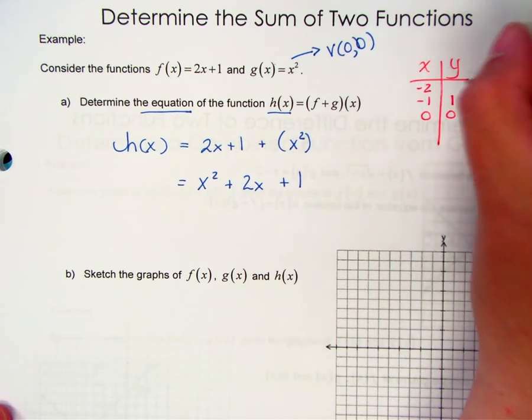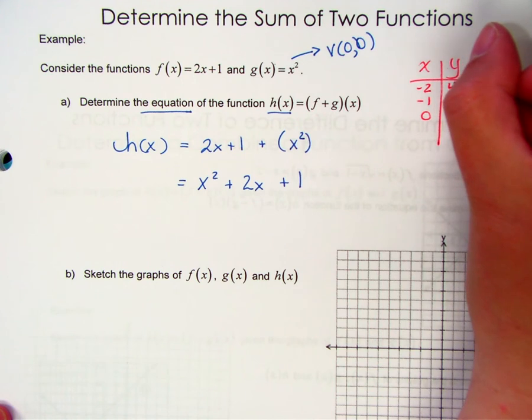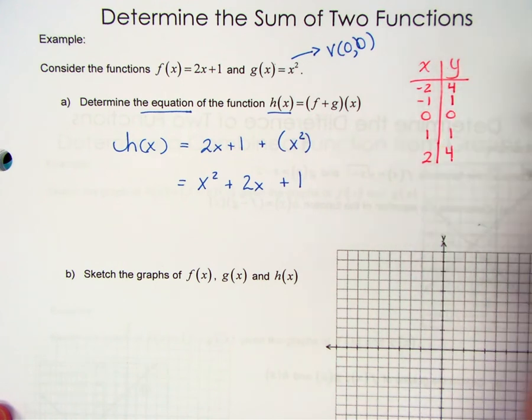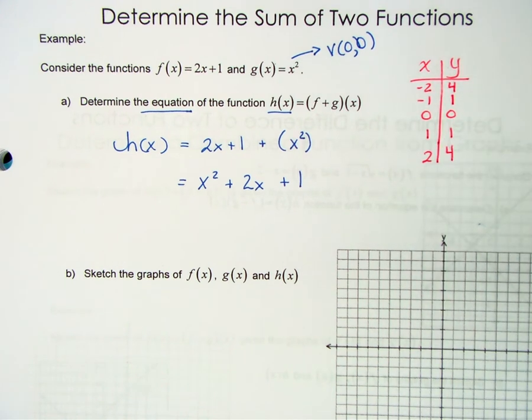If I do -2, 4, and 1, and 1, and 2, and 4. And what's beautiful about parabolas? The symmetry in them, right? So if you've done it right and you've used the same distance away from the vertex, you should get the same answers. And if you don't, then you've done something wrong.